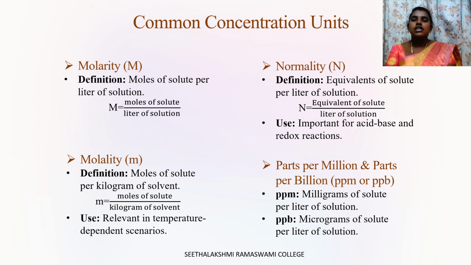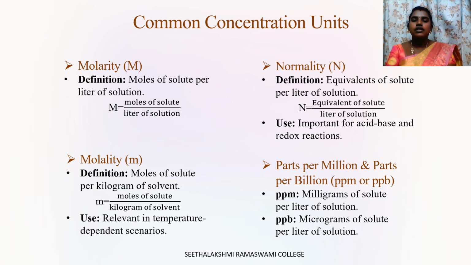Second one is normality. It is defined as the equivalents of the solute divided by liters of the solution. It is usually indicated by the capital letter N. It is used for acid, base and redox reactions.